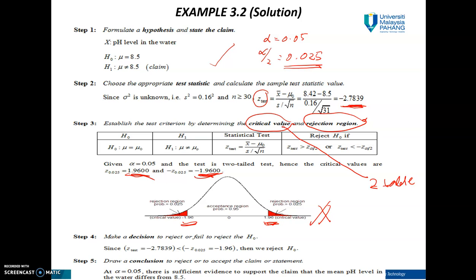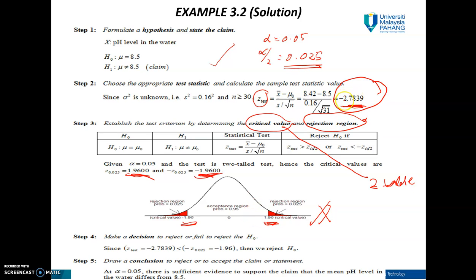Step number 4, you make a decision either to reject H0 or not to reject H0. So how do you know? Check this value, negative 2.7839. Is it at the dark side or is it at the bright side? This is in between negative 1.96 and 1.96. But negative 2.7839 is a negative.